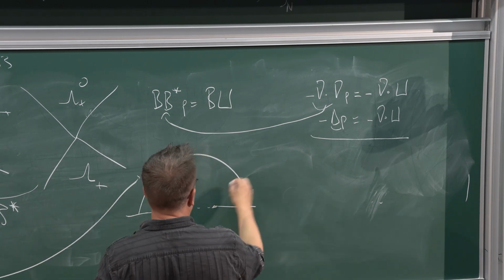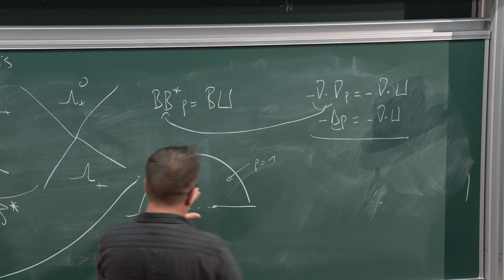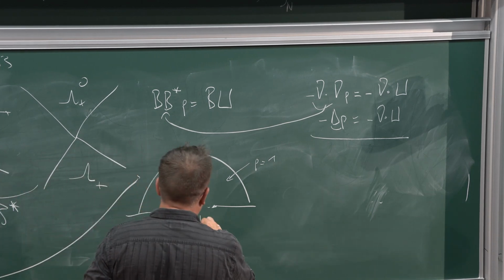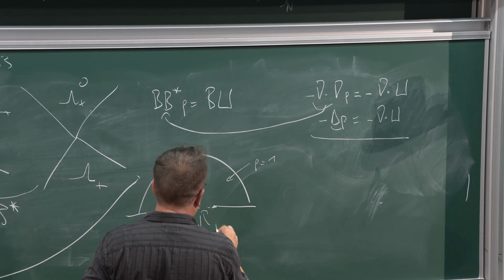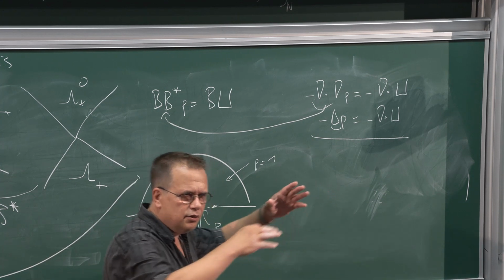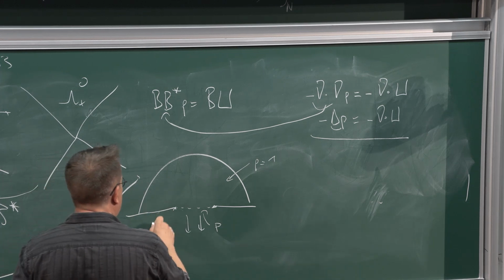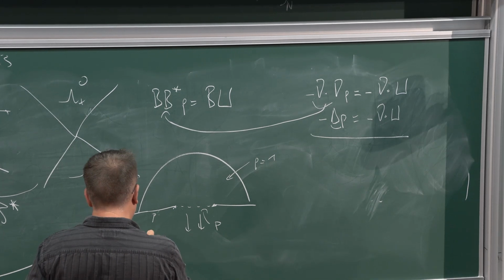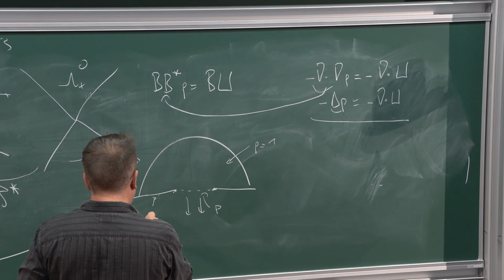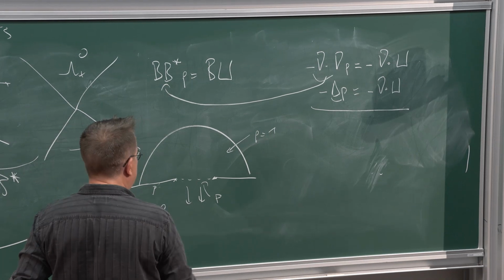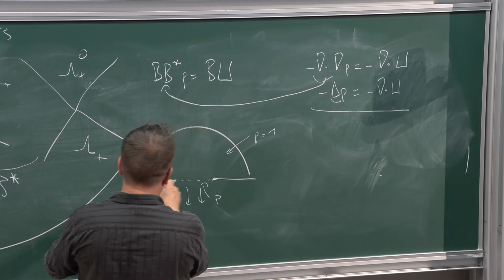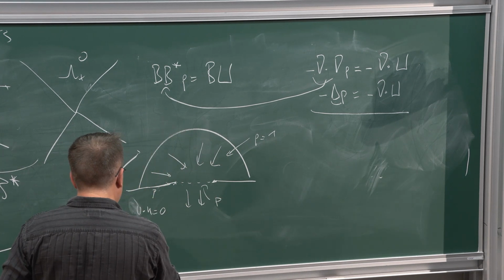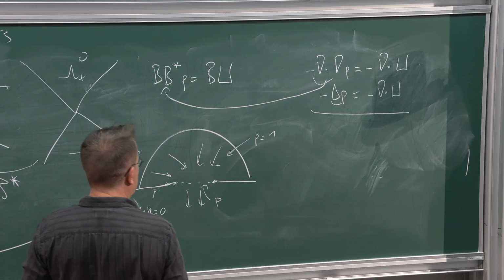When you have a crowd, rho equals 1, trying to escape a room, here you have an exit, so I will consider that the pressure is 0, meaning that it's very easy to leave. Here, I cannot go across walls, so the right condition is u dot n equals 0. And since the desired velocity is here, that will give you a Neumann boundary condition, dp over dn equals 0.